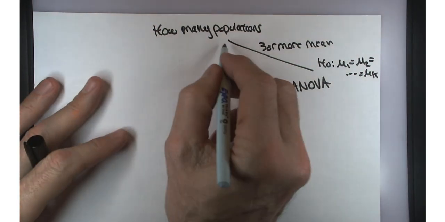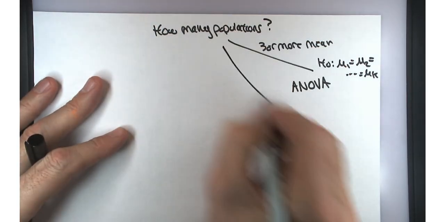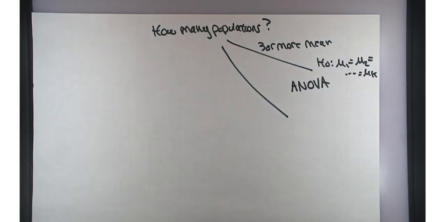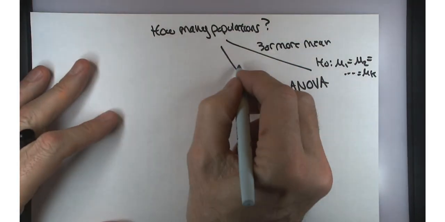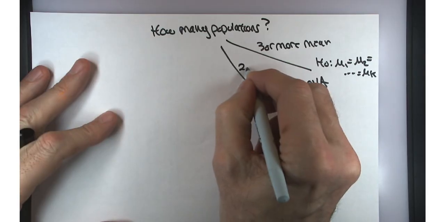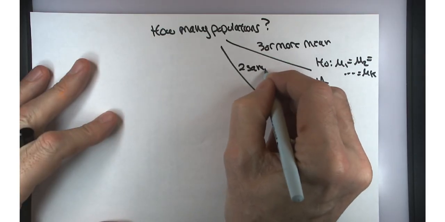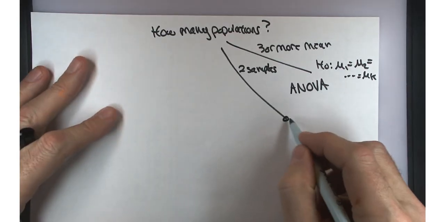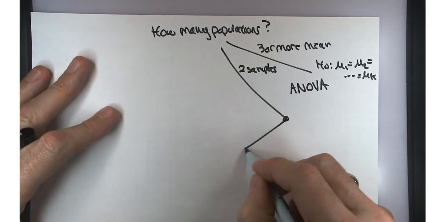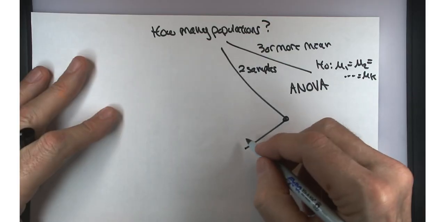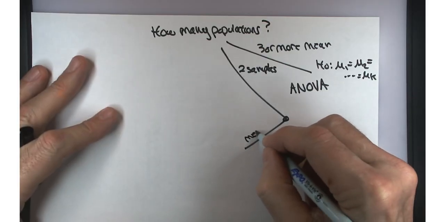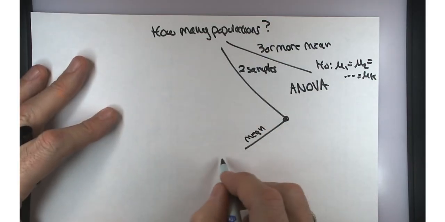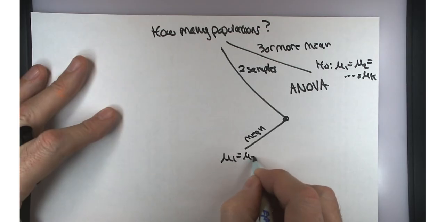Now if you have 2 populations, then we're going to need to think a little bit more carefully. So 2 samples, then one of several things can happen. First of all, you can test a mean, and that's going to be mu1 equals mu2.